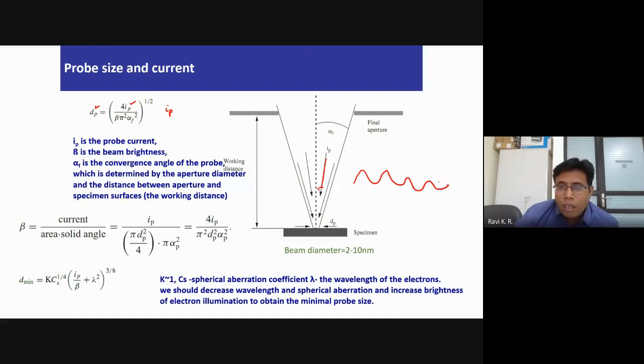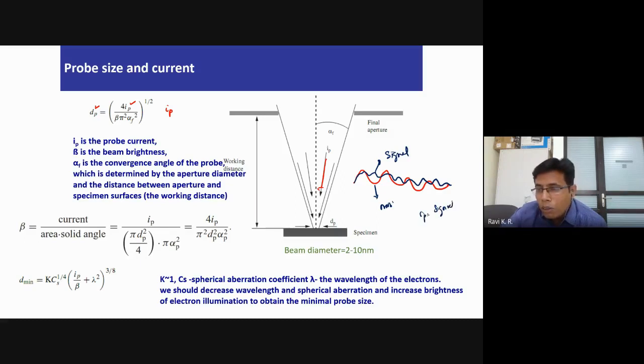When you have a low probe current, let's say this is your image information. This is your signal. So the probe current is actually a signal to noise ratio.